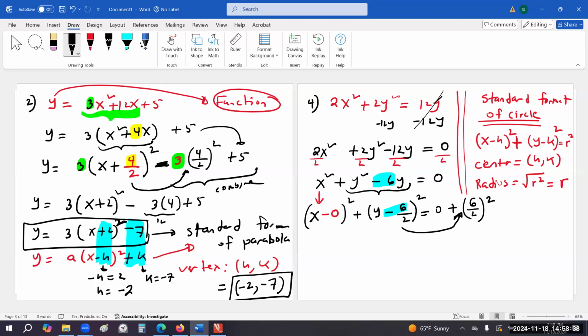So you're done. We completed the square. We have x minus 0 squared plus y minus 3 squared equals 0 plus half of 6. What is half of 6? 3. So we have 3 squared. That's the standard format they're looking for.